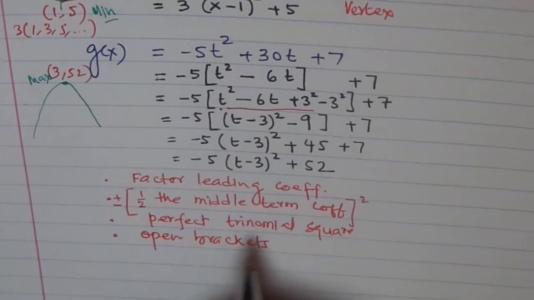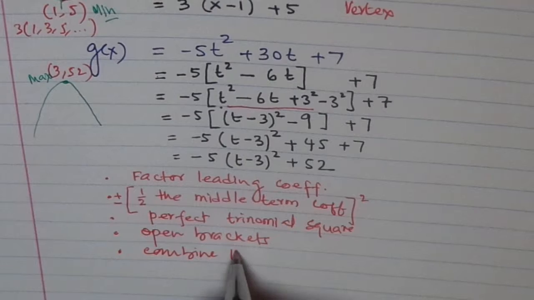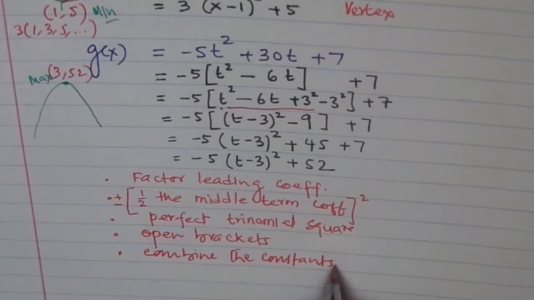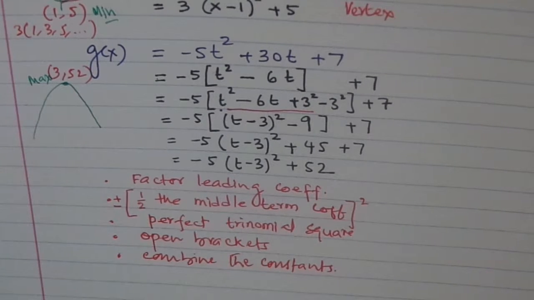And then combine the constants, or you could say simplify. So follow these steps. Once you do them in order, the completing the squares is done.